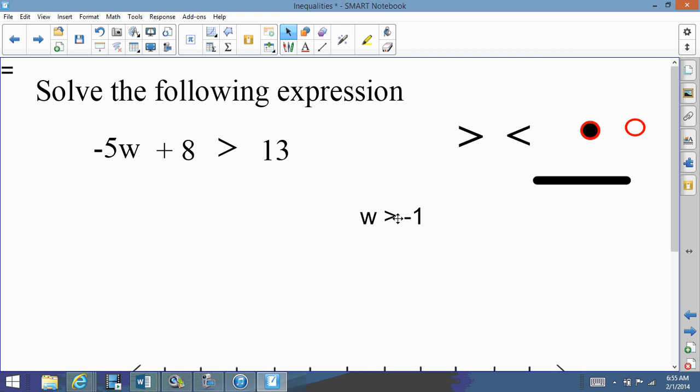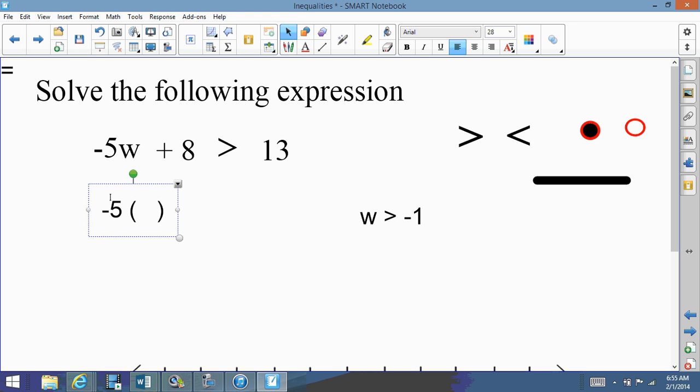So let's do a little filling in this time. Negative 5 times a number plus 8. And let's see, is that really true? Is it greater than 13?